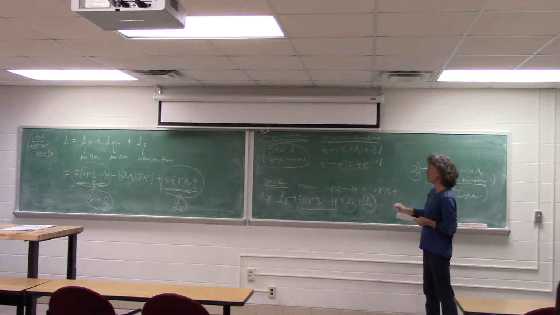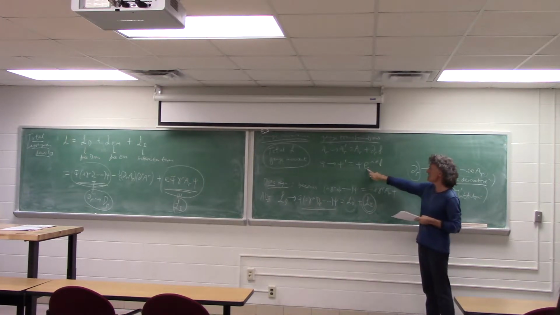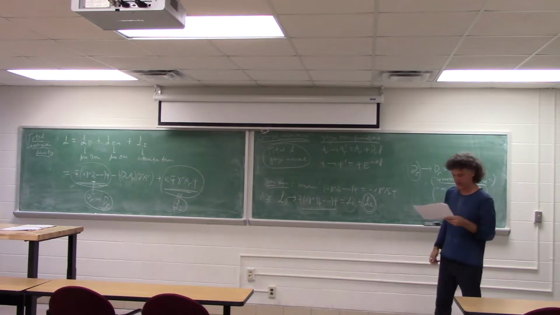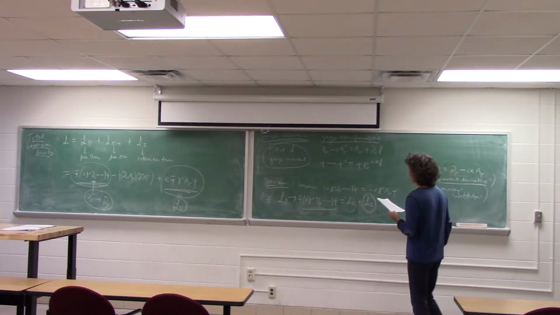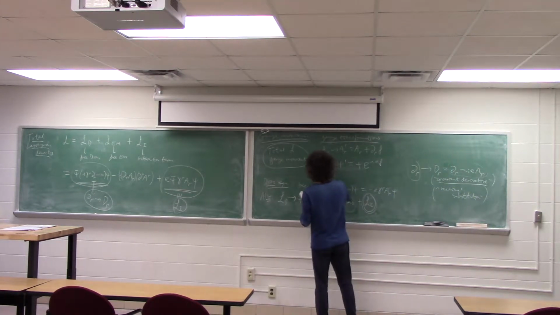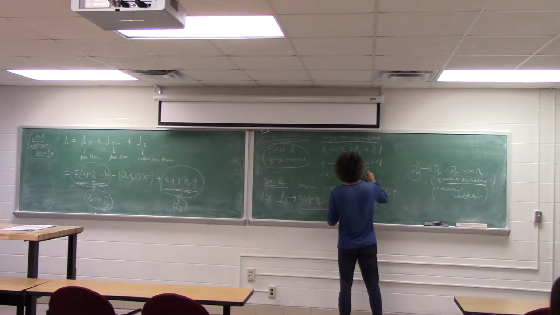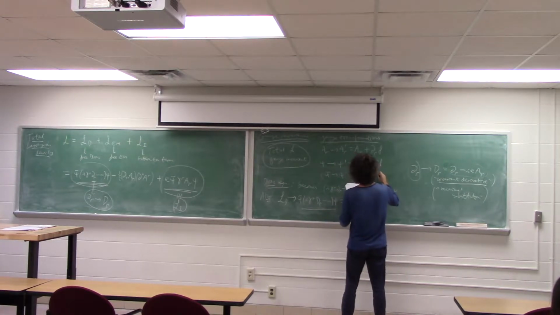And of course, you're not confused between the two e's. Here e is 2.718, and here e is the charge on the electron. Some funny notation. And psi bar is replaced by psi bar prime, which is psi bar e to the minus i e f.